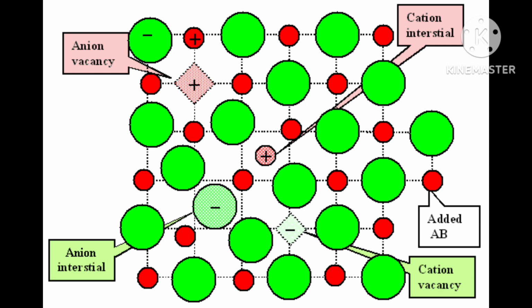But what you will find is somewhere A is there, B is not there, again A, again B, again A, and in the middle somewhere A will not be there, again B, again A, B. Somewhere there will be a gap. Okay, you should understand this. These two types I told you, Frenkel and Schottky defects, are related to that.